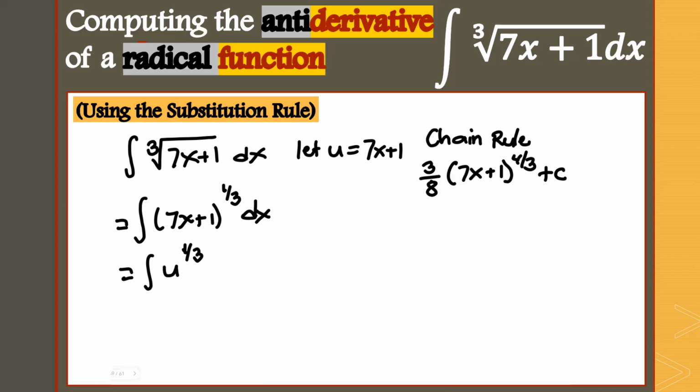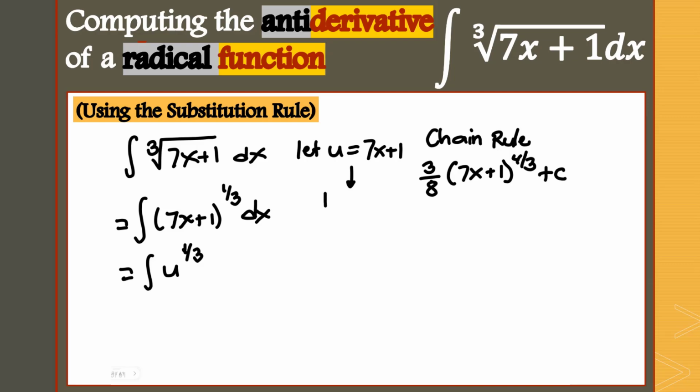Now before we complete this, writing the x is no longer appropriate since we have let a function with x in terms of u. But what we can do here is get the representation of dx with respect to u by differentiating both sides of the equation with respect to their corresponding variable.